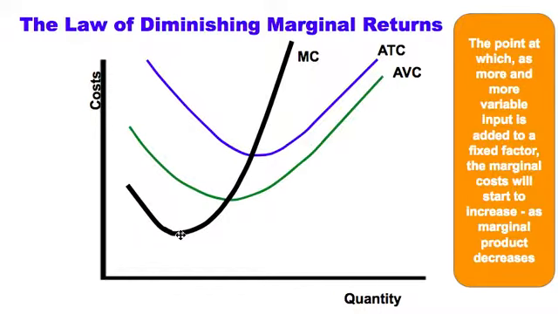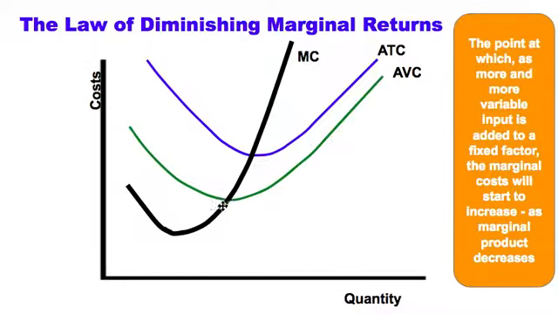And then at some point, when you keep adding variable input, but you still are stuck with a fixed input like capital, so you can't increase the size of the coffee shop, you can't buy more machinery, then you actually start to become less productive, and your marginal cost, the cost it takes you to make the next cup, is going to increase because you're less efficient. Right? So then we're going to see here the upward sloping portion of the marginal cost curve.